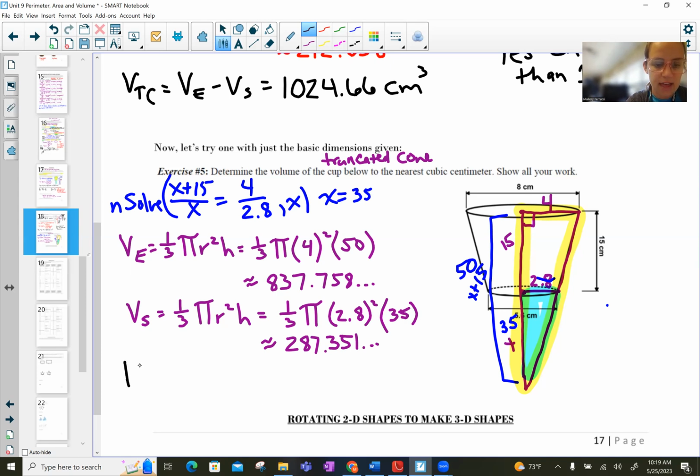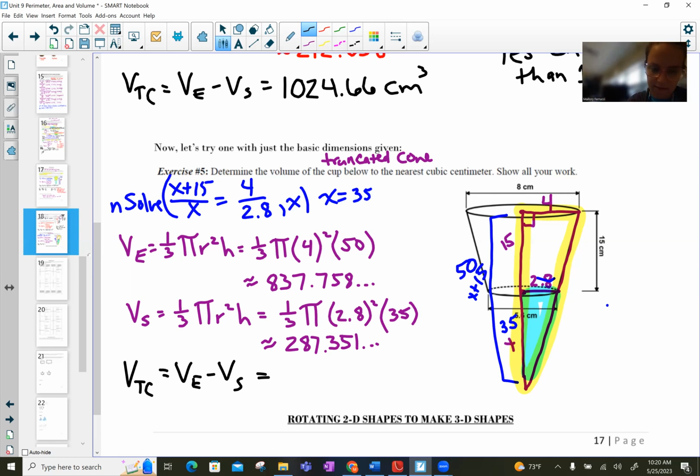So now the volume of the truncated cone, of the cup, is just the entire minus the small. You should have them in your calculator. Go up, highlight, press enter, subtract, go up, highlight, press enter.